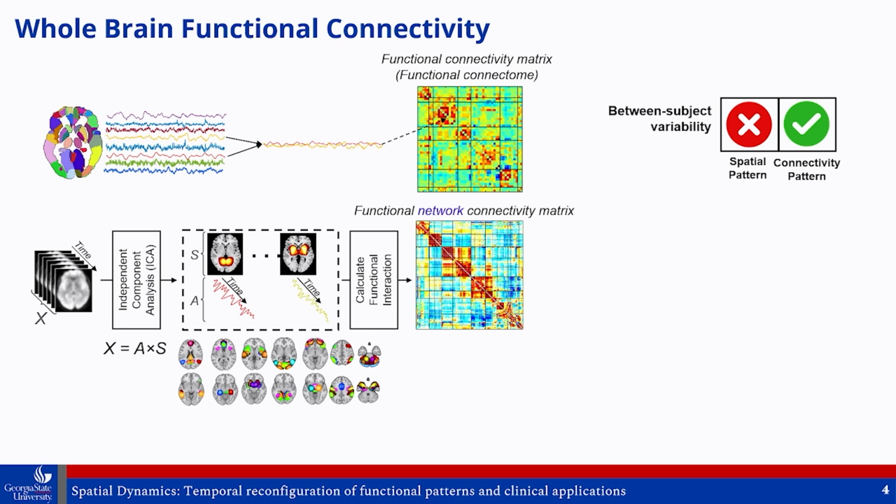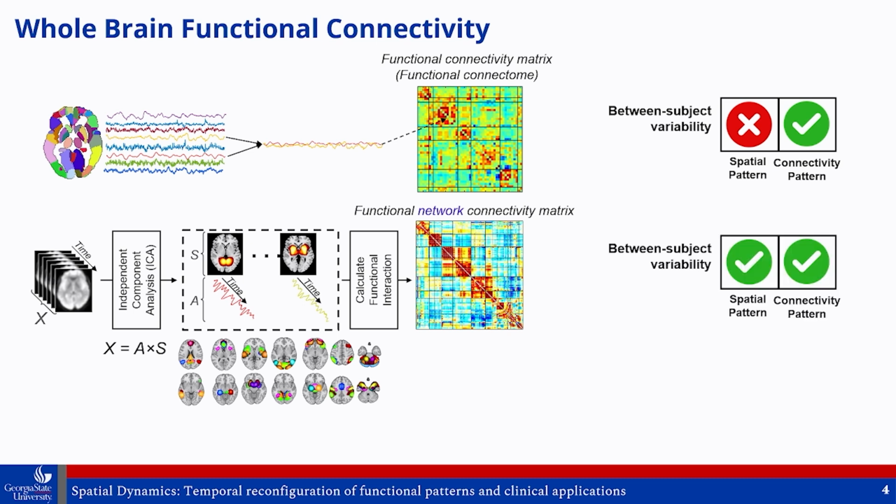This method is helpful; it allows us to account for variation in both the spatial pattern and connectivity pattern, but still it does not account for within-subject variability. Given the brain is dynamic, there is no reason to assume these connectivity matrices stay the same over the course of the scan.